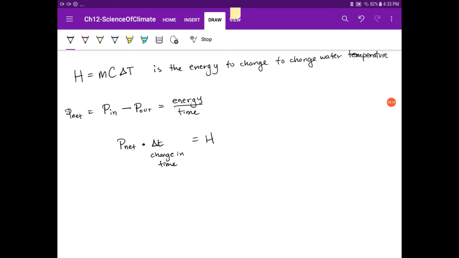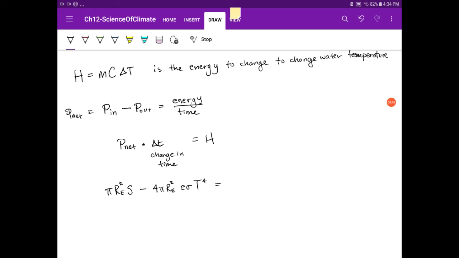So if I write down everything that I know, P net is going to be pi r of the Earth squared times S minus 4 pi r squared epsilon sigma T to the fourth.